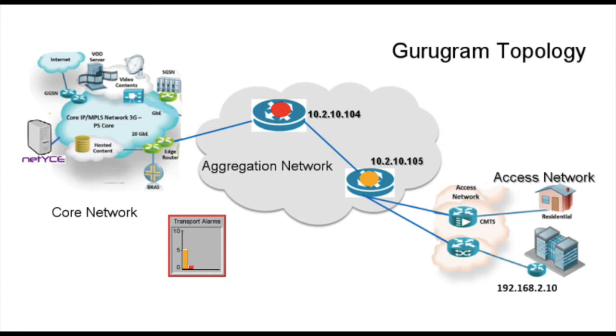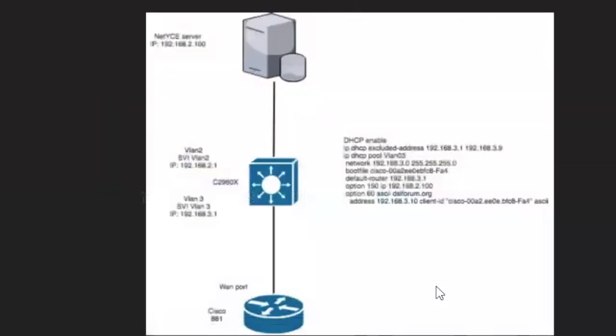In our smaller topology, we will have a Cisco 881, which will just boot up and request a DHCP address. This Cisco 2960 will be the DHCP server, and it will provide the address to the CPE, and it provides some other options as well, telling it to use a TFTP server, being the .100, our NetICE server, and telling it to pick up the boot image with this name. That's all that needs to be done within the network.